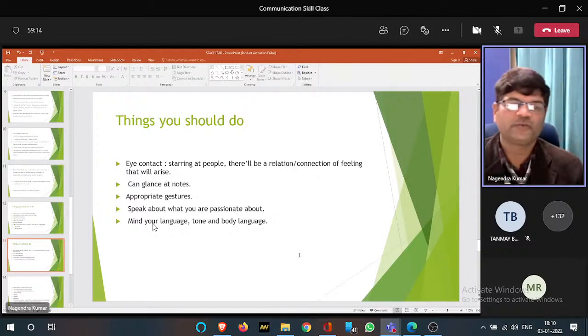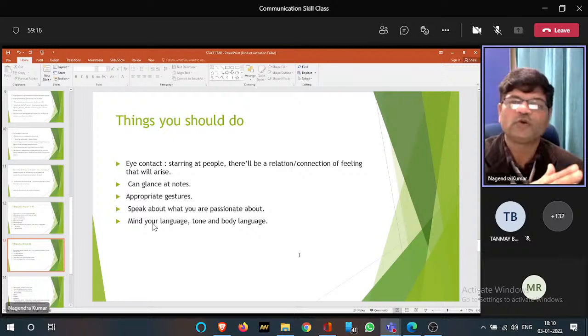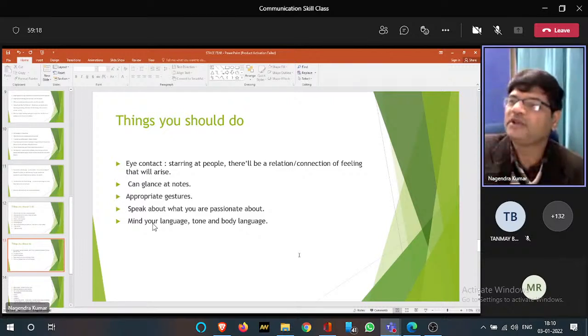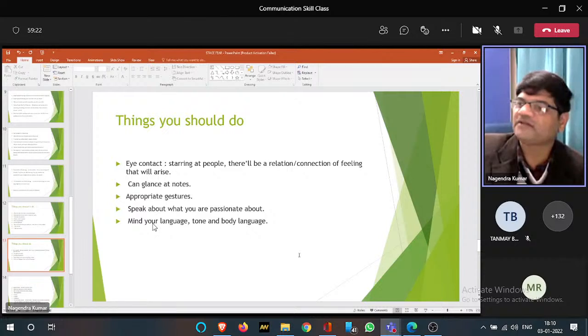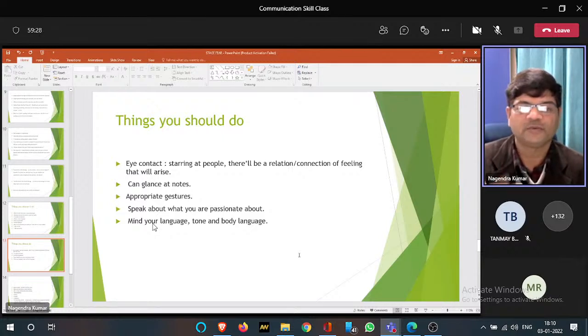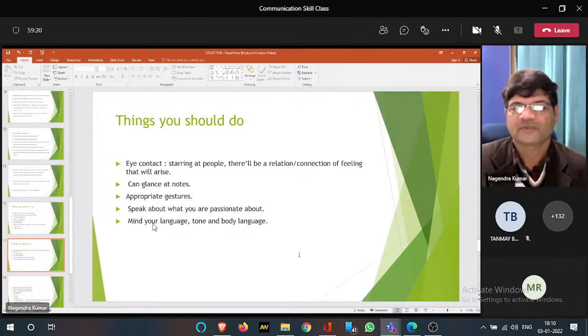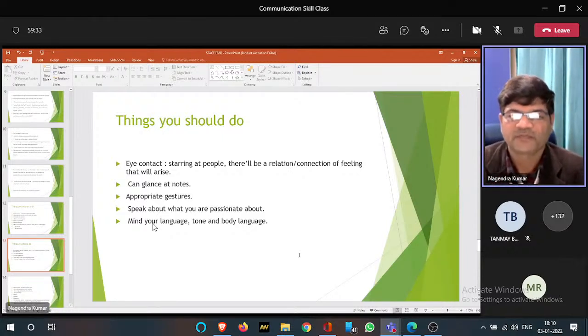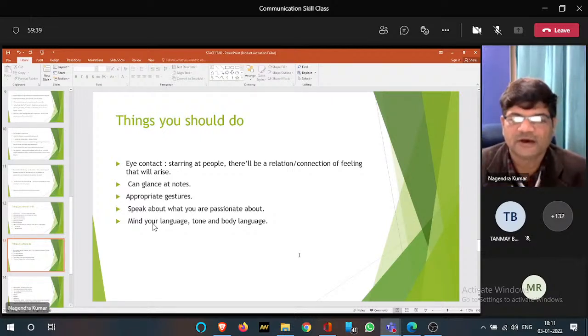So your movement should be like a rotating light, throwing itself on the different sections of the audience evenly, so that nobody feels left out and nobody feels special. So staring at people, there will be a connection of feeling that will arise.